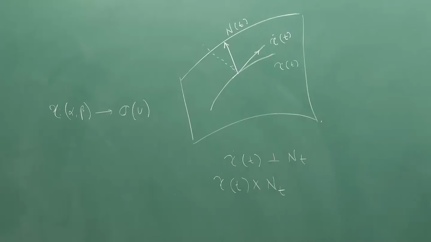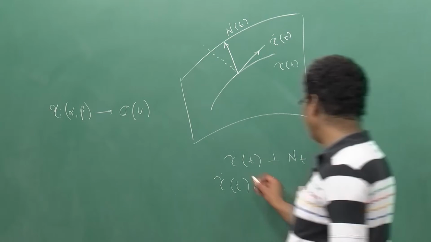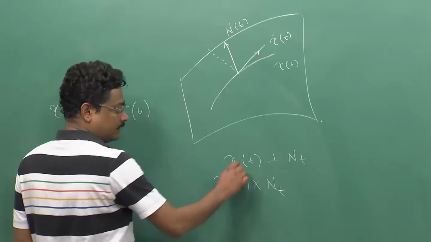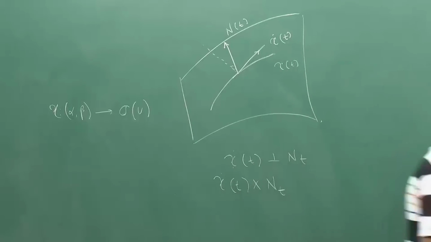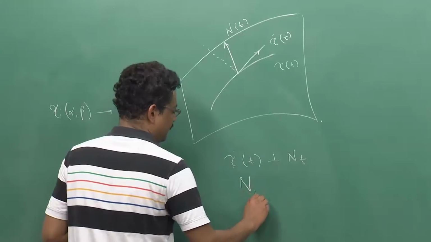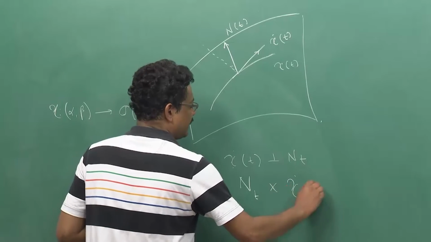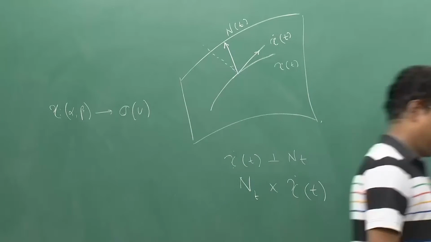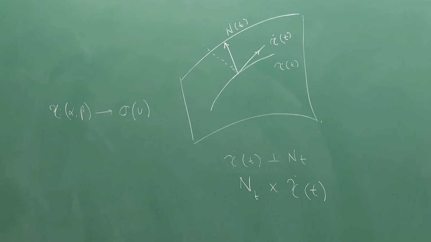This is the cross product of these two vectors, which is also perpendicular to both of them. Let me, to avoid confusion, take the usual orientation, otherwise there will be a problem with the sign. What I wrote earlier is the negative of this.